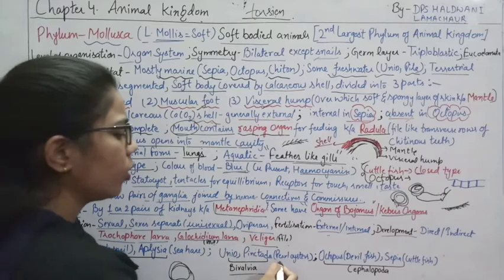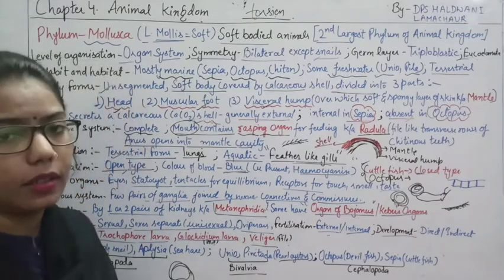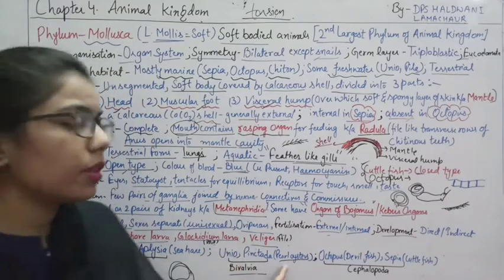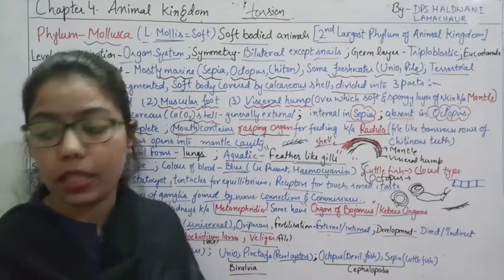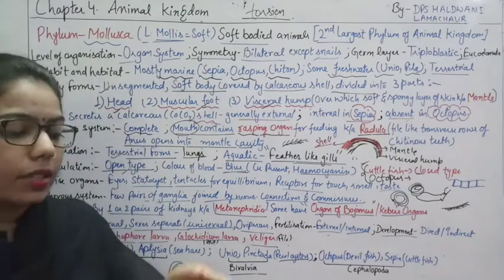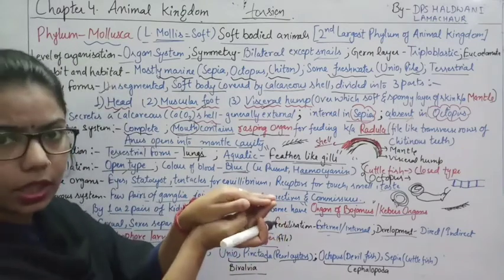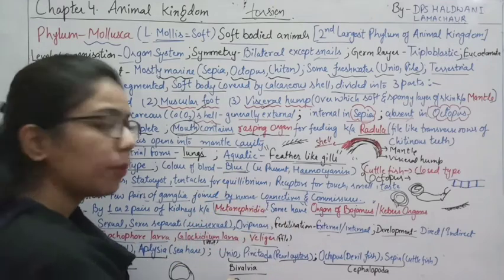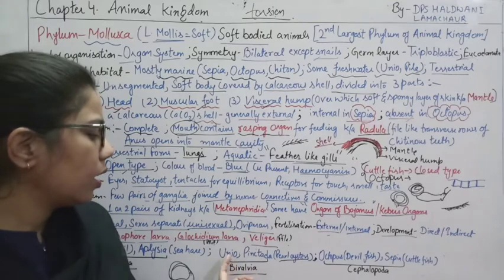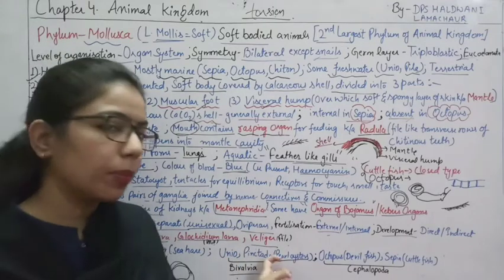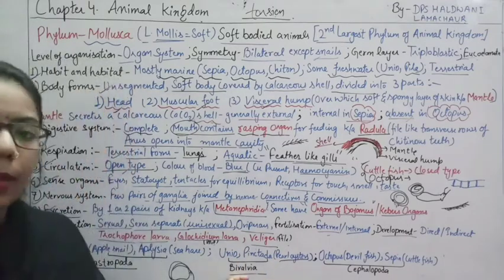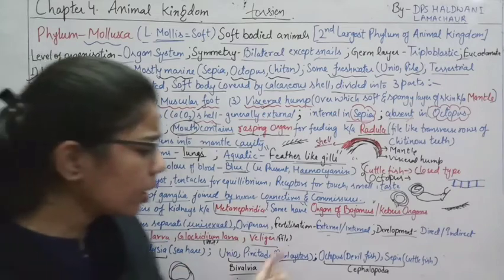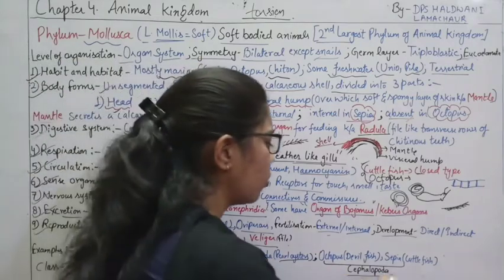And another one, Pinctada. What is Pinctada? That is pearl oyster, जहाँ से हमें मोती मिलता है. इनके अंदर there will be formation of pearls. So Unio as well as pearl oyster or Pinctada come under the Bivalvia, right?